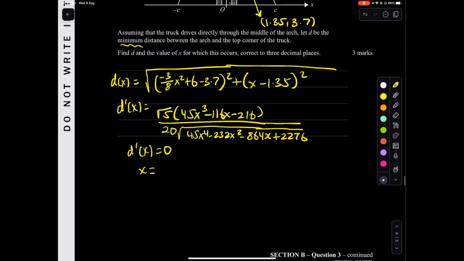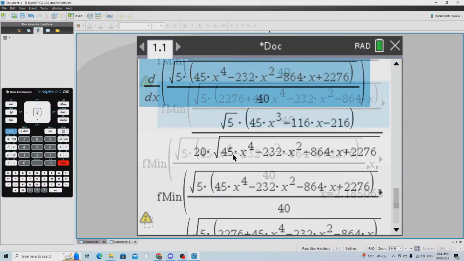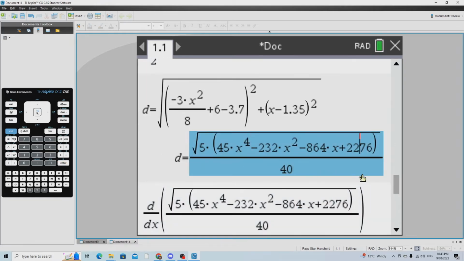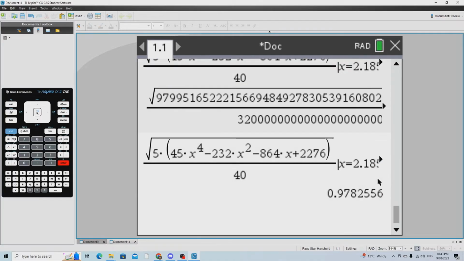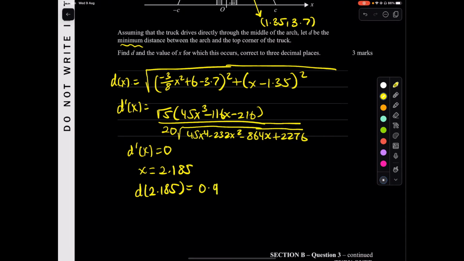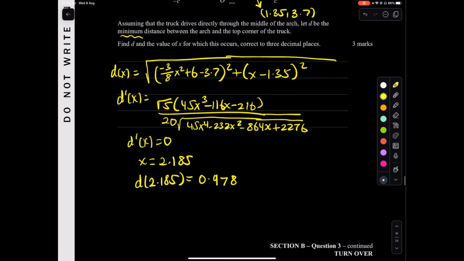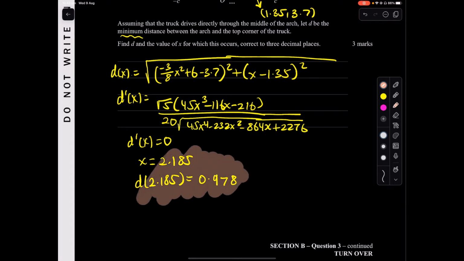So 2.185 to 3 decimal places. And it means that d is 2.185, distance right over here. So your x over here is 0.978. Yeah, so that's your answer. Those are your answers.